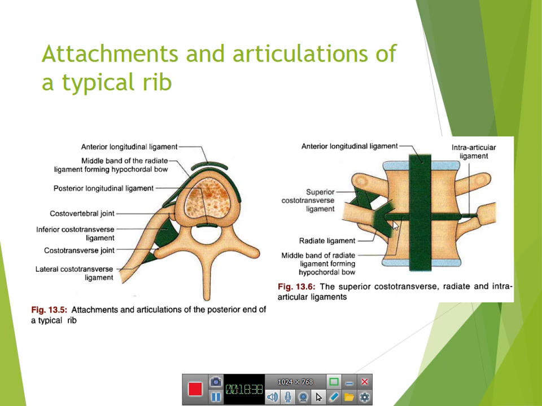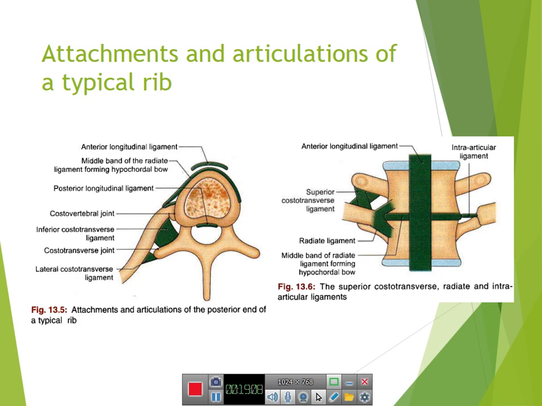Anteriorly, the head of a rib provides attachment to the radiate ligament. We have a radiate ligament in green color here. The radiate ligament has three parts, upper, lower, and middle band. And it's related to the sympathetic chain and to the costal pleura.